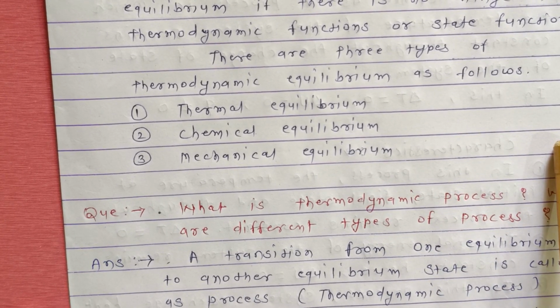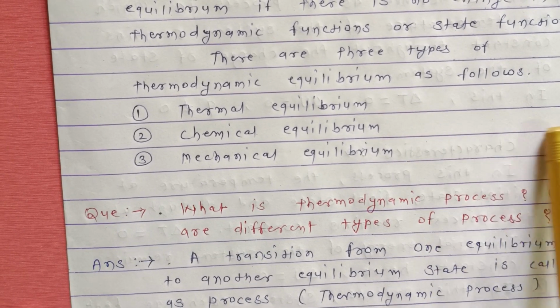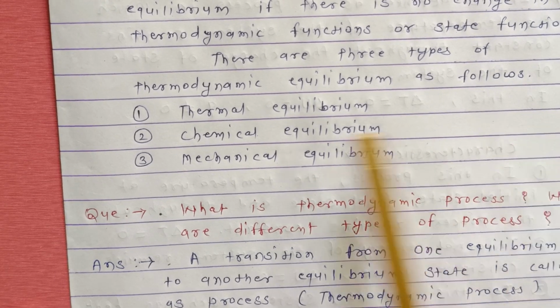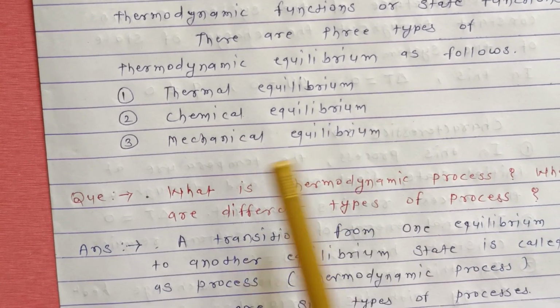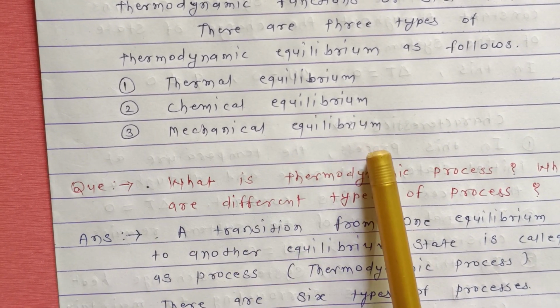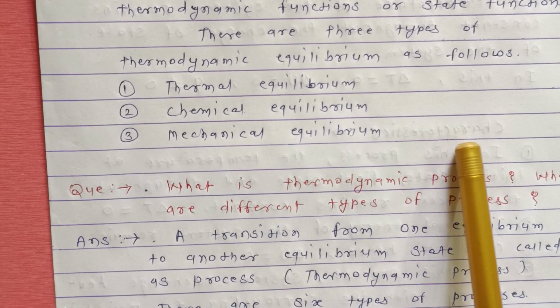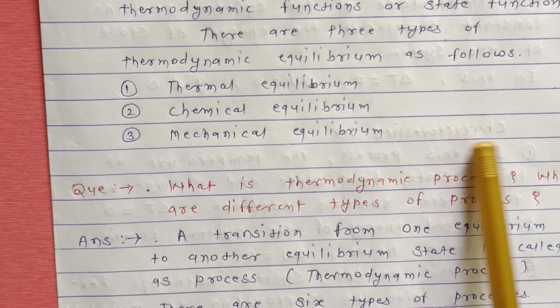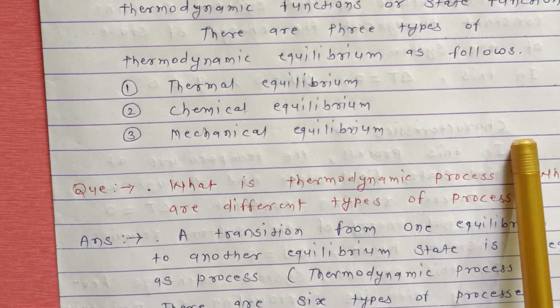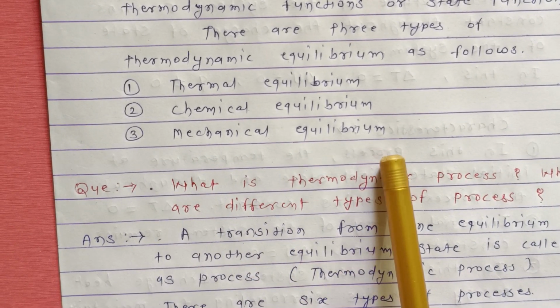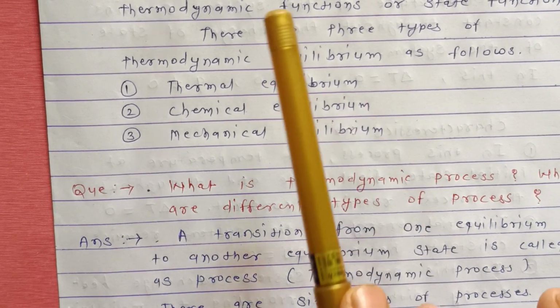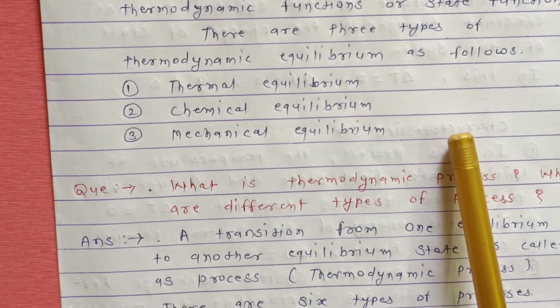Second is chemical equilibrium, where there is no change in chemical composition. Finally, mechanical equilibrium: when no mechanical work is done, the system is said to be in mechanical equilibrium.